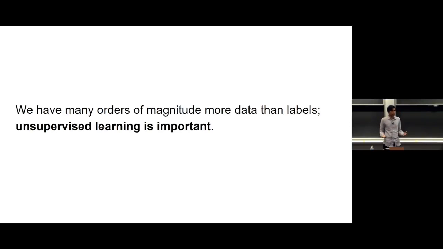Because if you think about the world that we exist in, it's a world that has many orders of magnitude more unlabeled data than labeled. If we think about the way we learn to recognize cats versus dogs, actually, most of you probably did not sit down with the ImageNet data set and look at 1,000 labeled examples of cats before you learn to distinguish what a cat is.